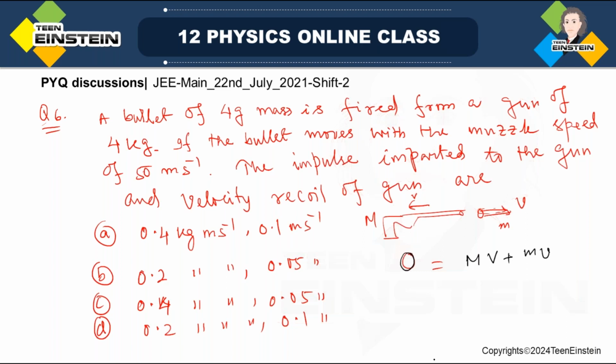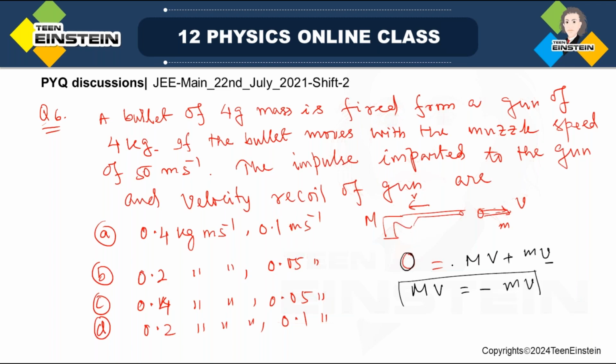So what does this mean? MV and small mv, both will actually move with the same momentum in the opposite direction, so that the total momentum becomes 0. This is actually the fundamental concept here.